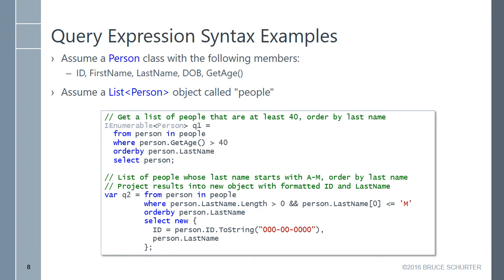So we select the data source, we filter it using where, and we sort the results using order by. Then we project a new return type by using select new, and again we use the anonymous type syntax to create an object with two properties, ID and last name.